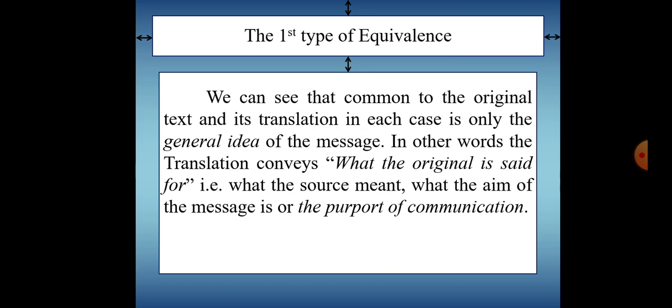We can see that common to the original text and its translation in this case is only the general idea of the message. In other words, the translation conveys what the original is set for, that is, what the source meant, what the aim of the message is, or the purpose of communication.